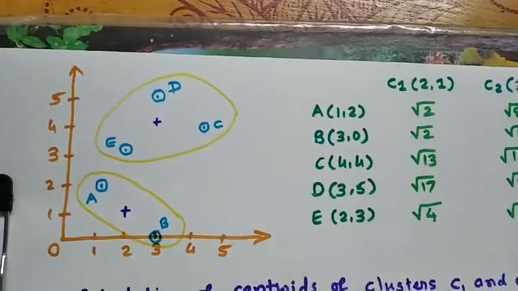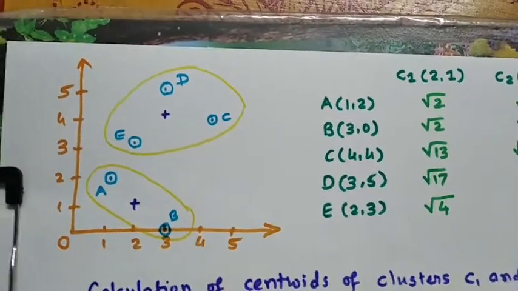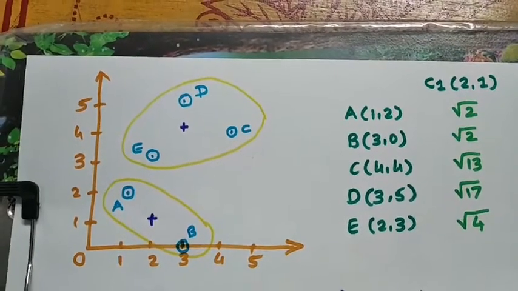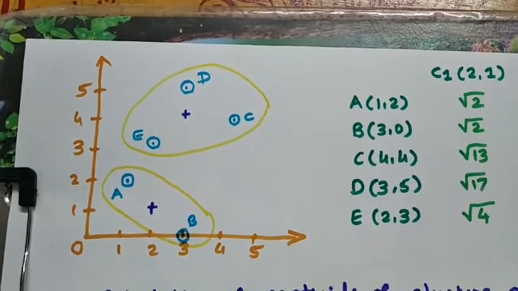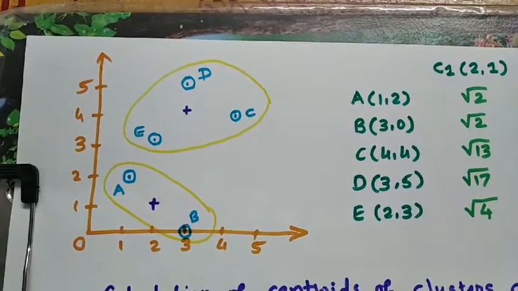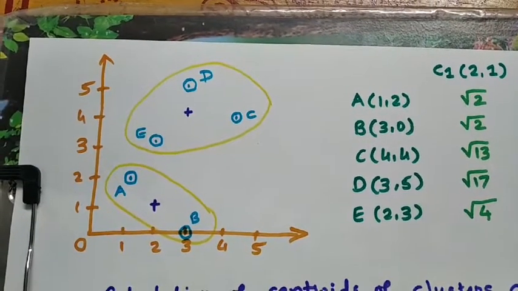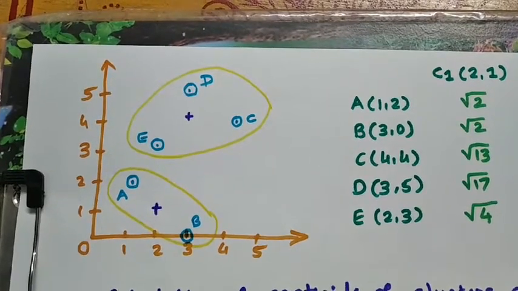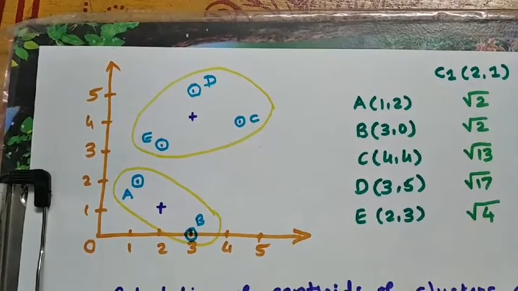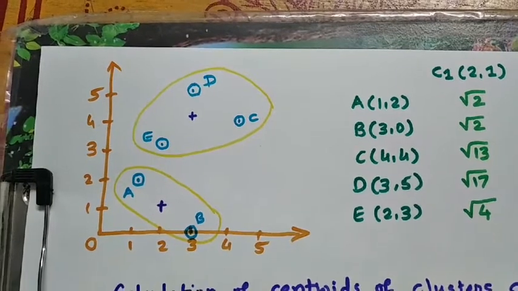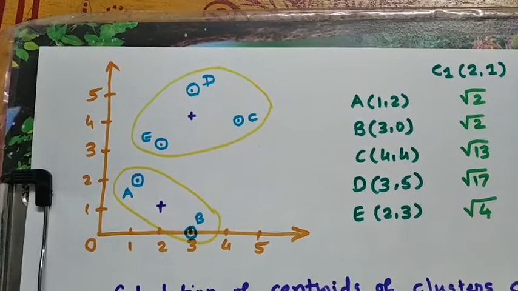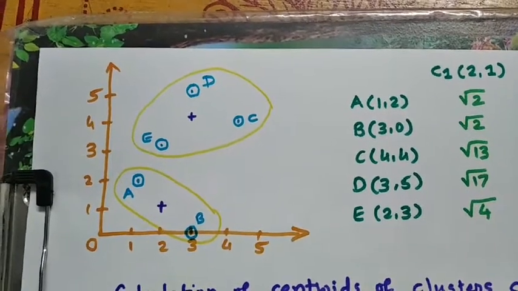Okay, now comes the important part. In the next step, we are supposed to calculate the centroid of these two clusters. So what is centroid? Centroid is like the mean of the cluster. It is considered as the center of the circle, a point from which every point on the periphery of the circle is equidistant, right?